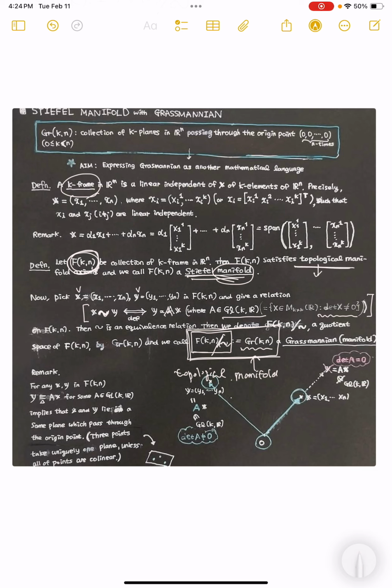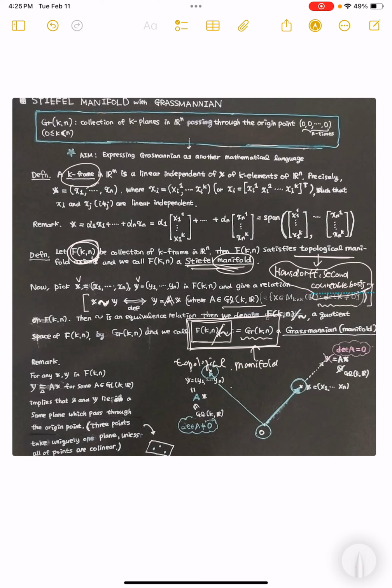Which means it has the topological properties Hausdorff and second countable basis, the main topological properties.